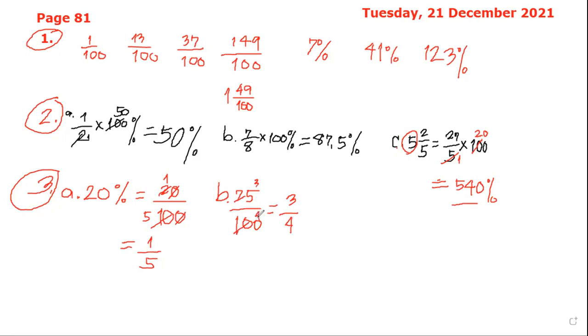So we get 3 over 4. Letter C. Online, we have 2 minutes left. 10 and 1/2%. You answer that one, letter C.